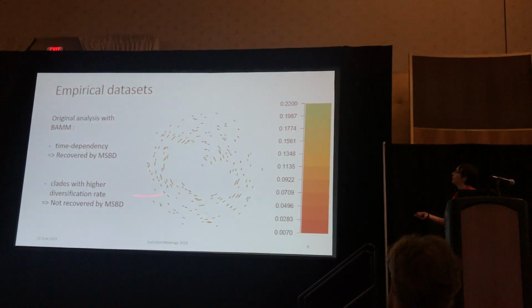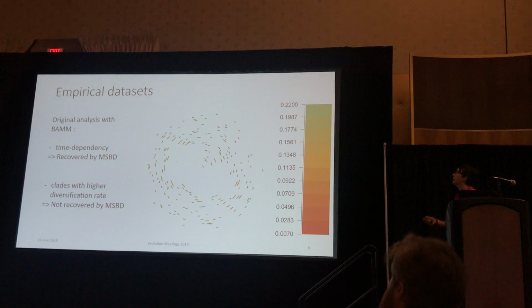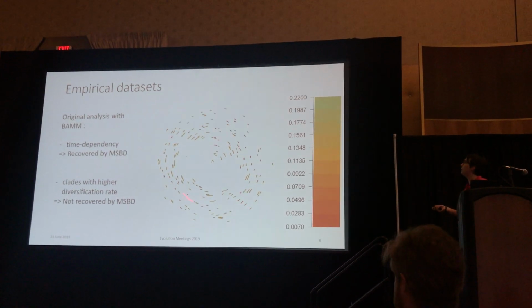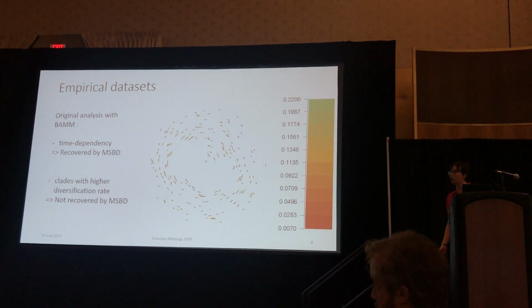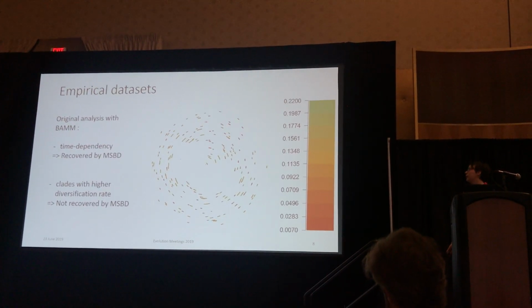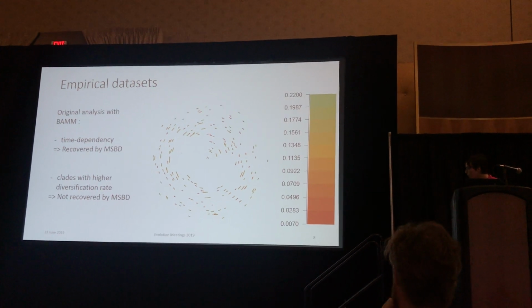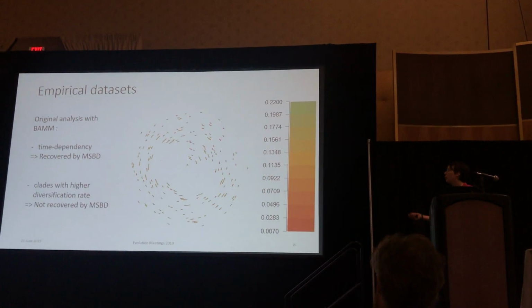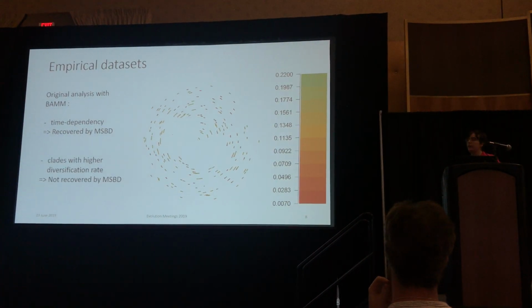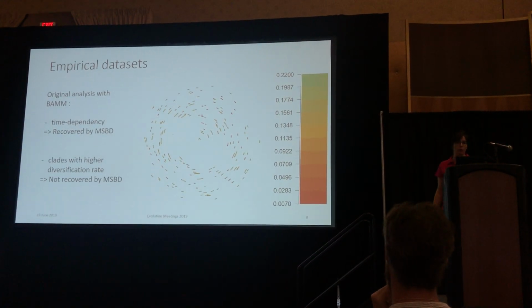And as I said, there is an original analysis by them. It showed two things. The first one, the time dependency, where edges that are closer to the root had higher speciation rates on average than edges that are closer to the tips. And it also showed two clades, two families inside that tree that had a higher rate overall.